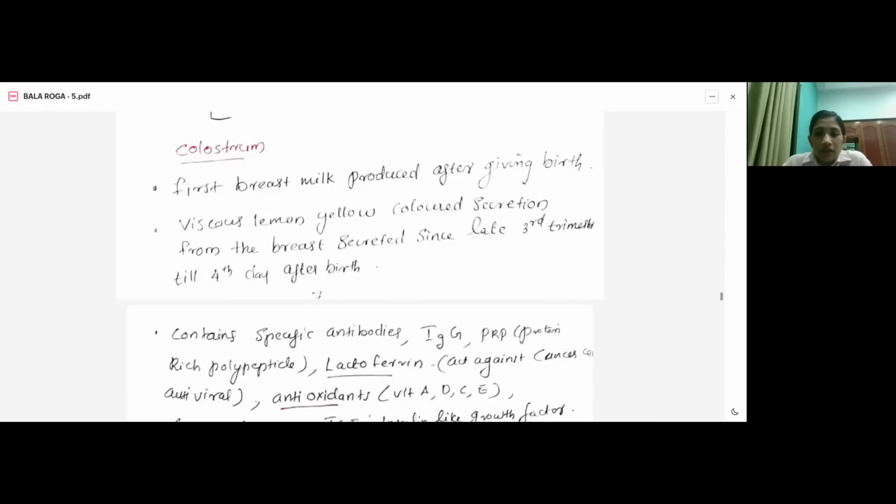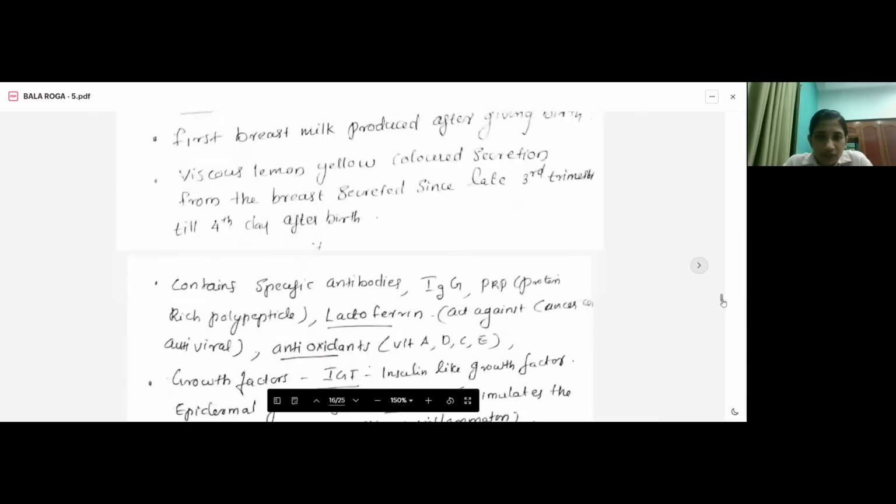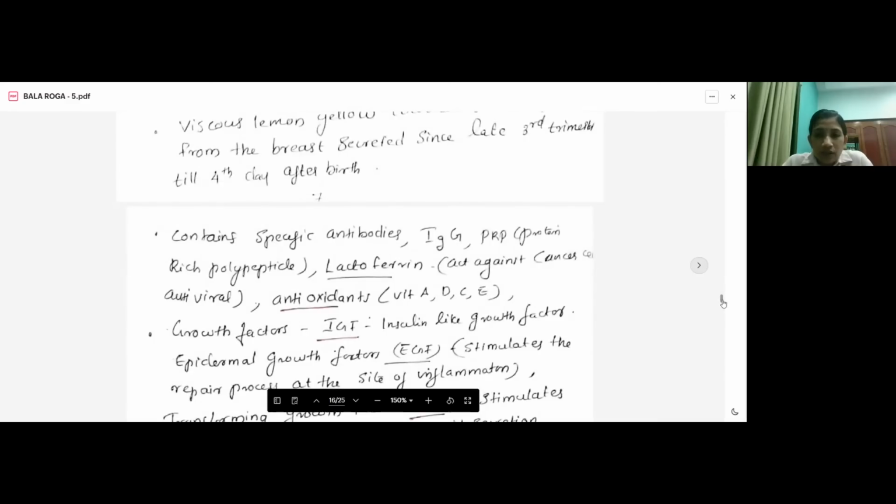And what is the importance of this colostrum? The colostrum contains specific antibodies, and also IgG and PRP. PRP means protein-rich polypeptides, which fight against allergies. Lactoferrins are present, which act against some types of cancer, and are antiviral.